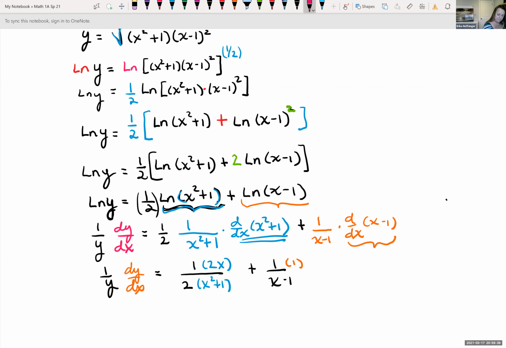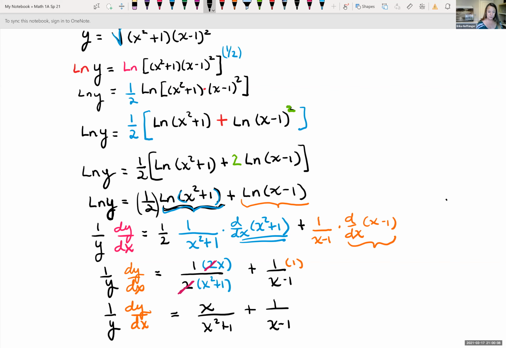So I notice in my first fraction on the right-hand side, I have a 2 in the numerator and denominator, factors that are the same that we can cancel. We're almost there. We have 1 over y dy dx equals x all over x squared plus 1 plus 1 over x minus 1.